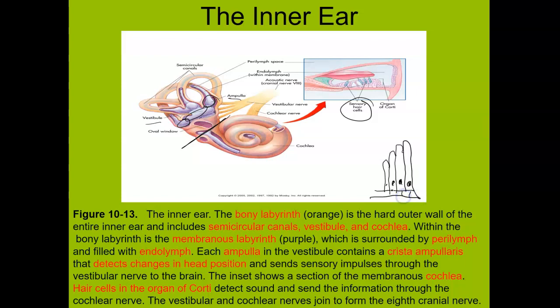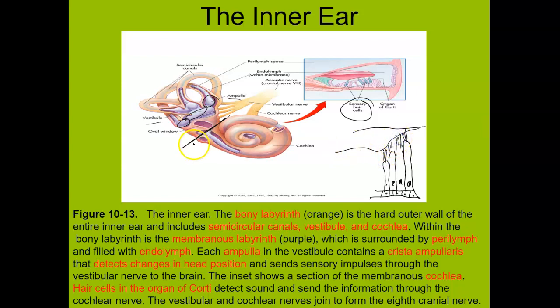Underneath each one of these hair cells is a set of epithelial cells. See these guys? Supporting cells. And each one of these hair cells has on top of it what looks like little hairs. These are called stereocilia. This membrane up here, the tectorial membrane, overlies all of these little hairs.